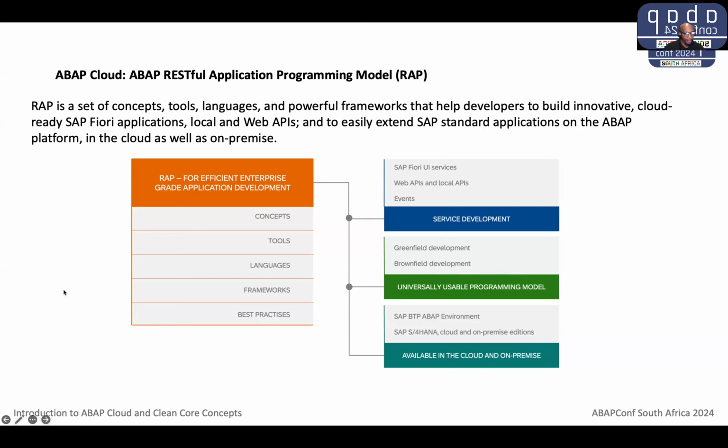And then it's usable as well. It's a universal usable programming model, whether you are completely implementing a new solution or you are migrating from an existing system to S/4HANA Cloud.